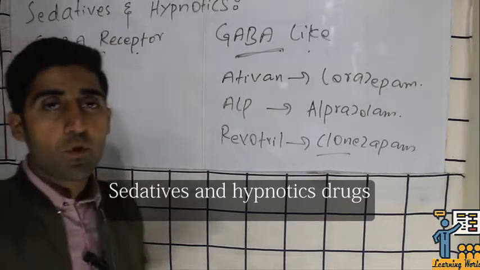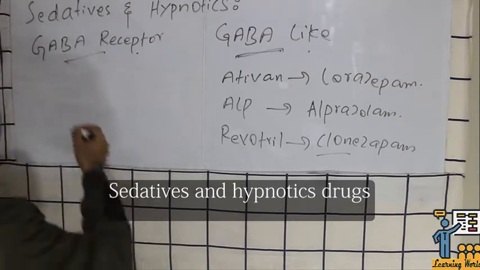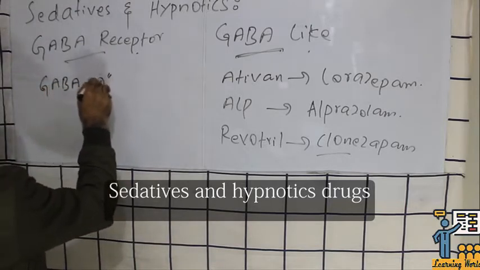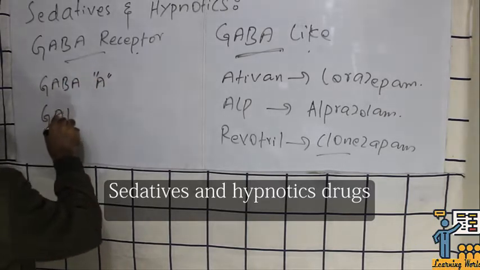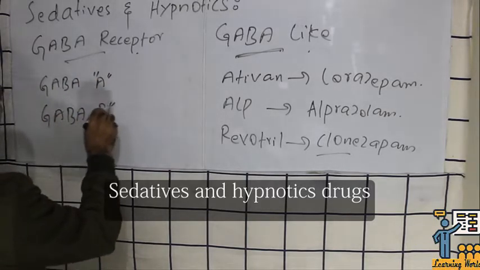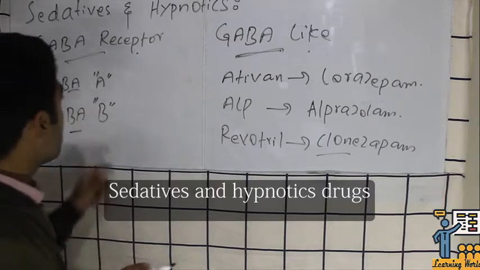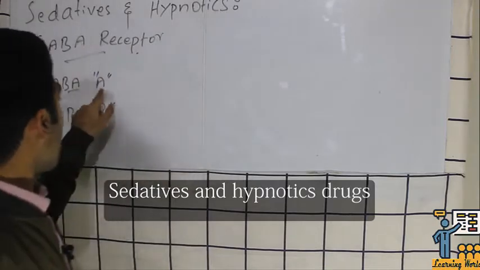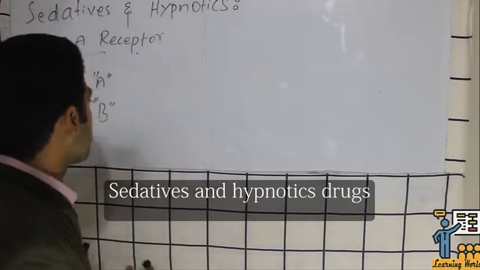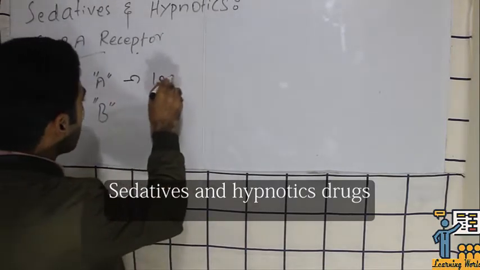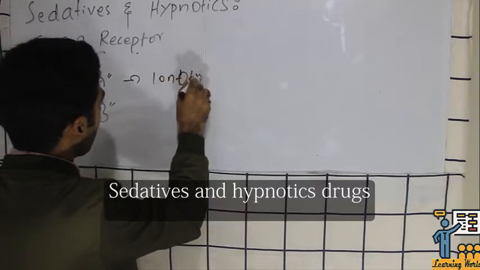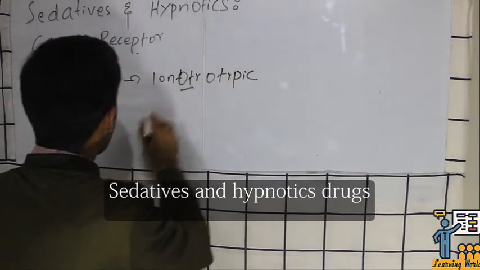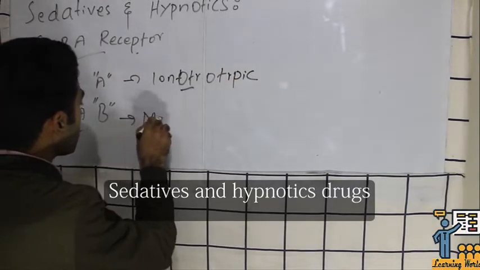There are two types of GABA receptor, GABA A and GABA B. The GABA A are ionotropic receptors, and GABA B are metabotropic receptors.